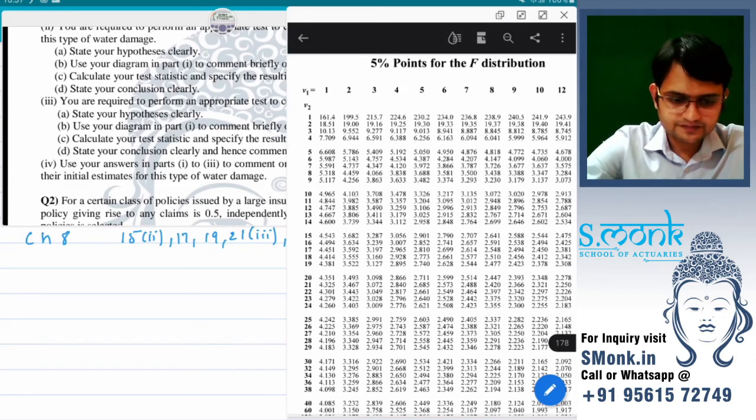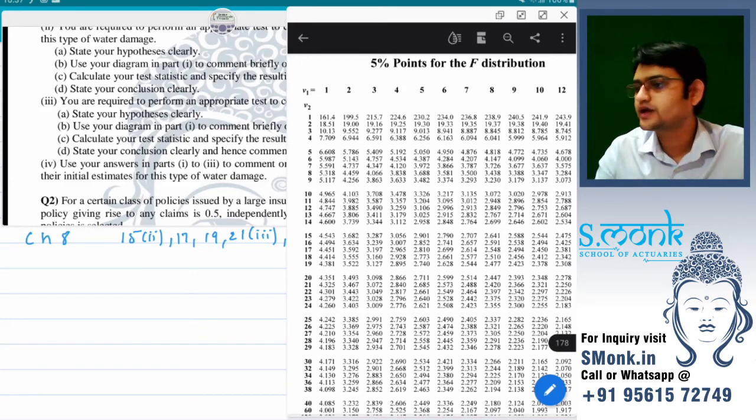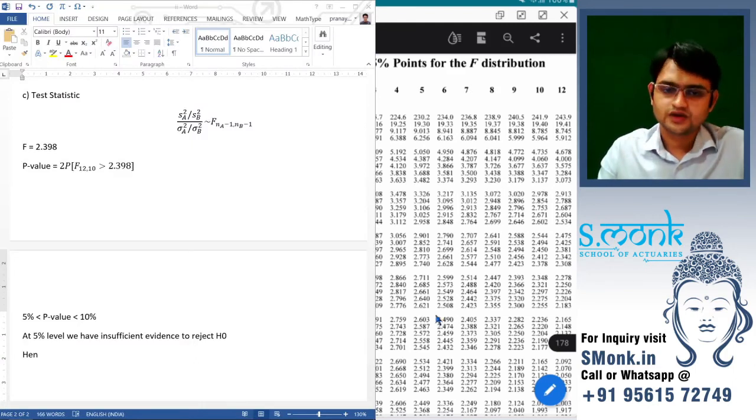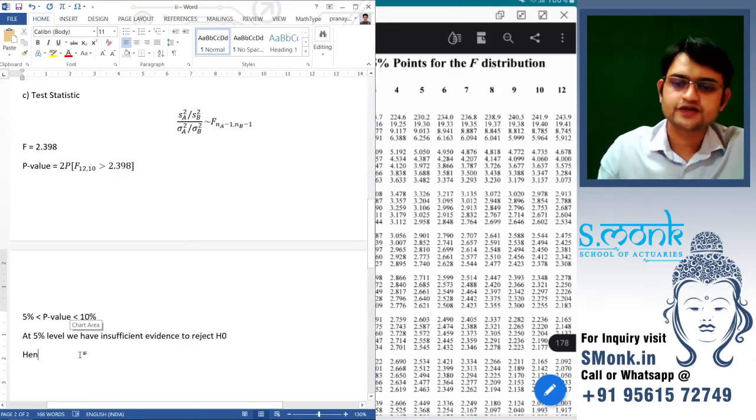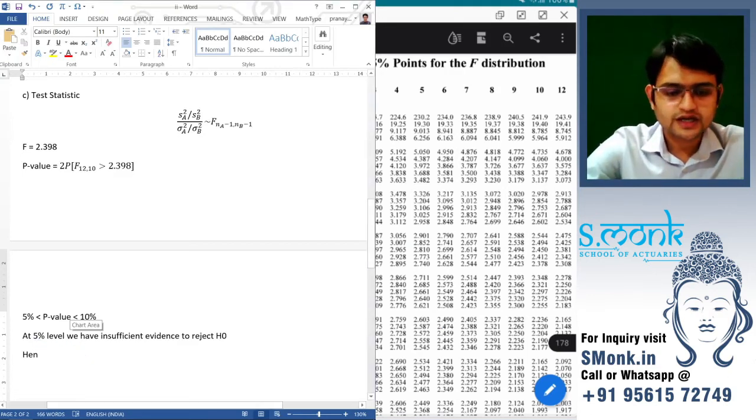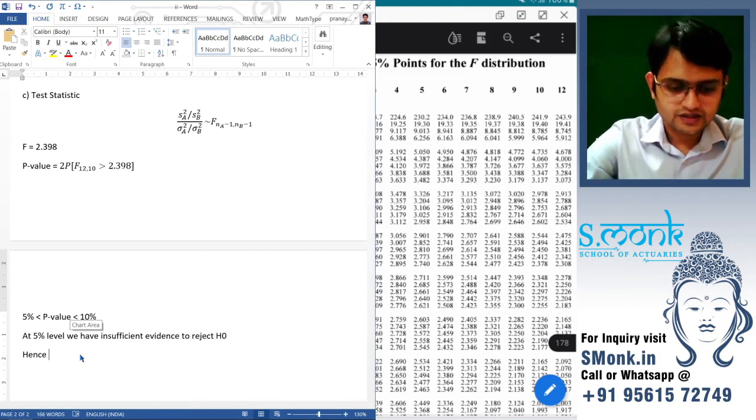So our conclusion. Okay, again, p value between 5% and 10%, and we said at 5% level we have insufficient evidence to reject H naught, hence variances are equal.